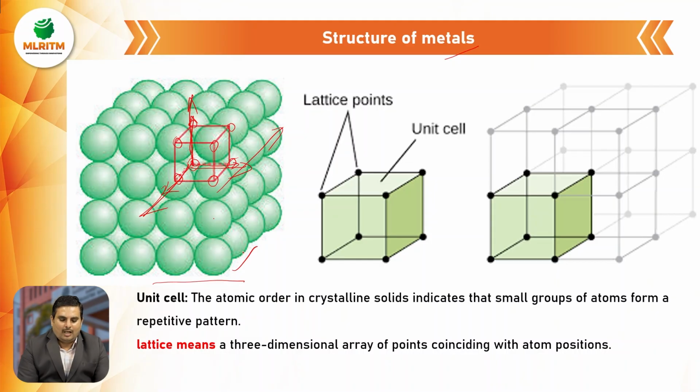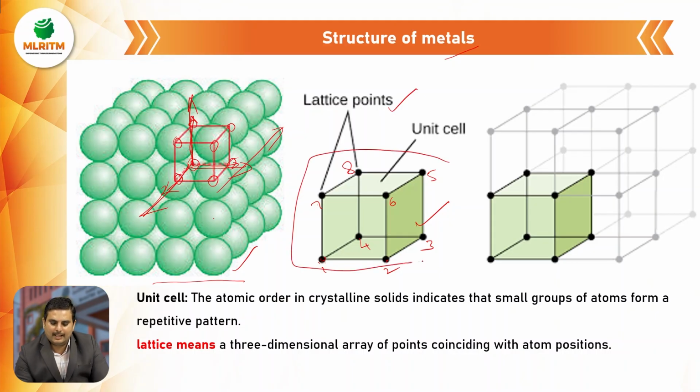If you take only these 8 atoms, 1, 2, 3, 4, 5, 6, 7, 8, there are 8 atoms at 8 corners of the cube. We call these lattice points, and the whole thing is called a unit cell.